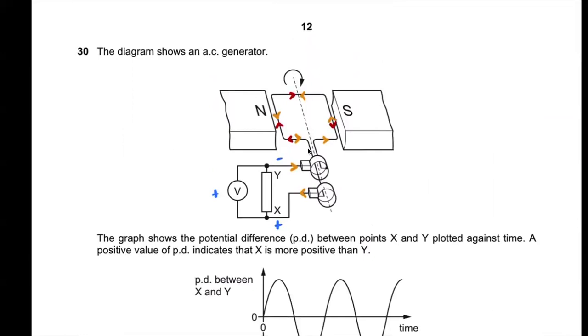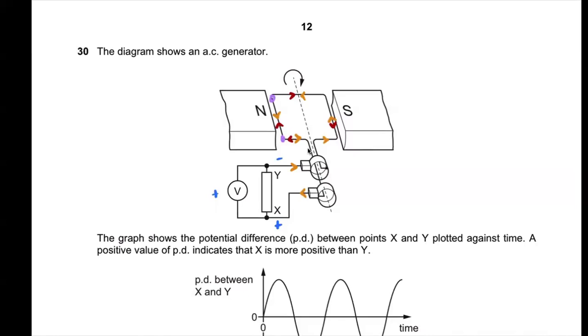Here we do know the direction of rotation as well, so this is how it's rotating. If I use my right hand rule, let's say I am considering this end.